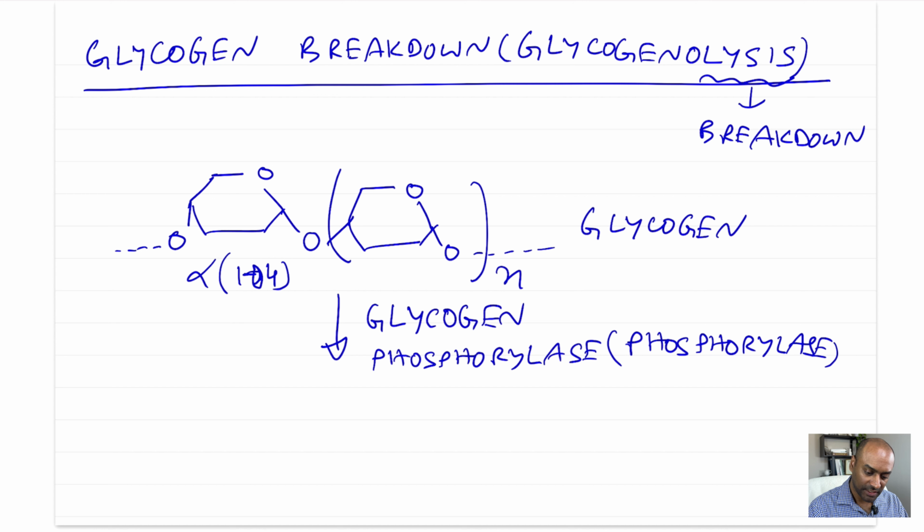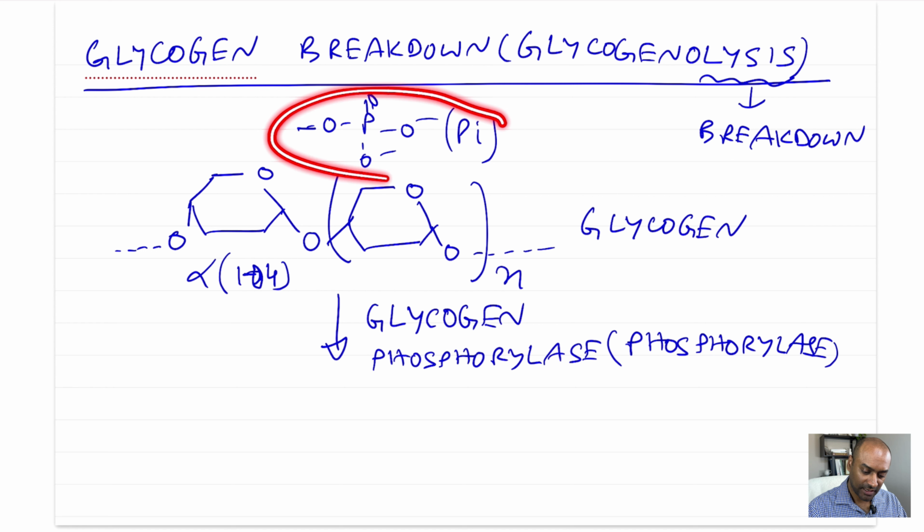So here what will happen is, this is your inorganic phosphate, which will attack right here, and we're going to cleave that bond. So let's do that. We'll use Pi, and we're going to cleave the bond.